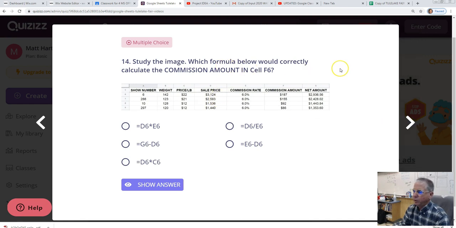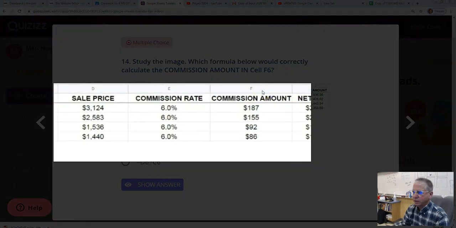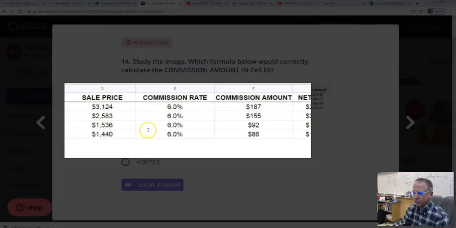Which formula below would correctly calculate the commission amount in cell F6? The commission amount is going to be based on the rate and the selling price. Let's take a look and see here. We need to look at the cells D6 and E6.